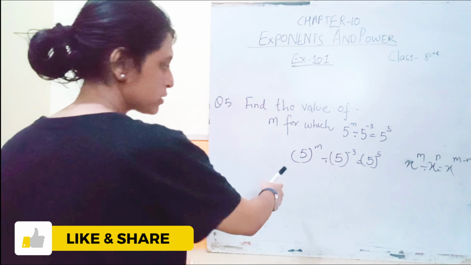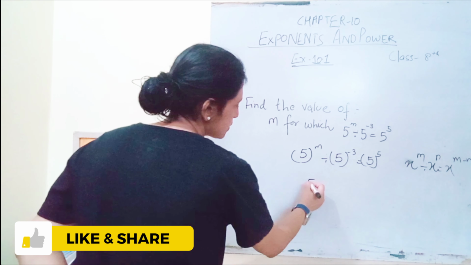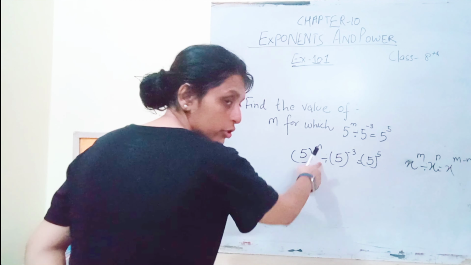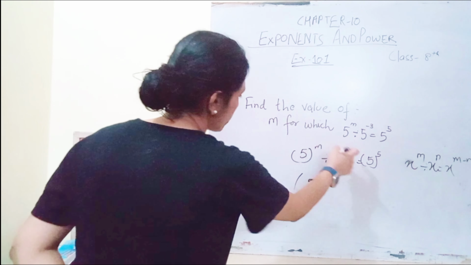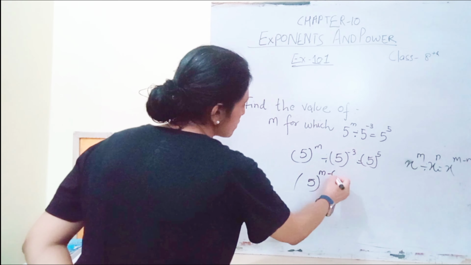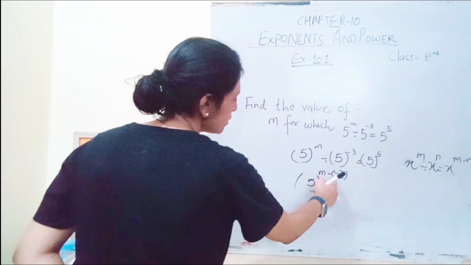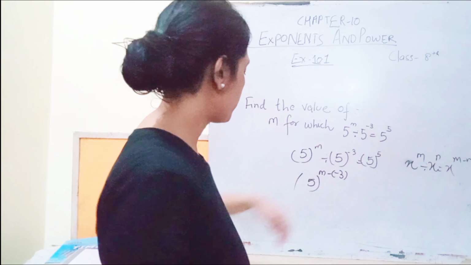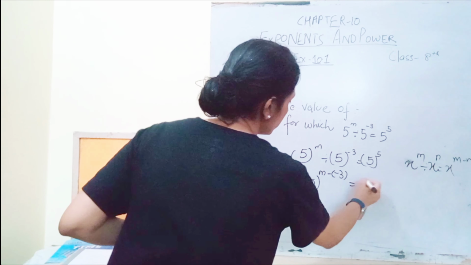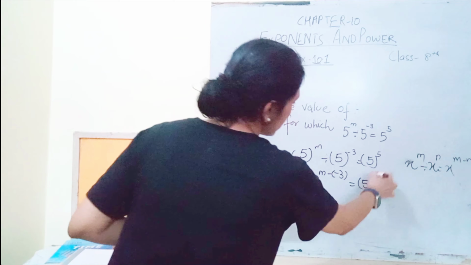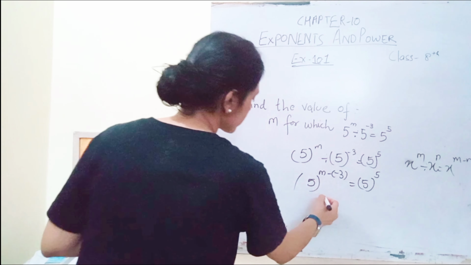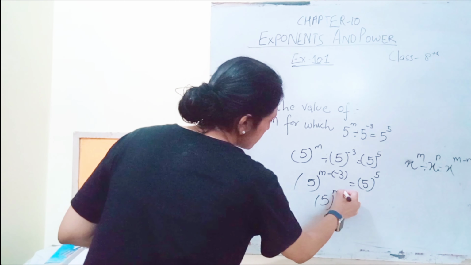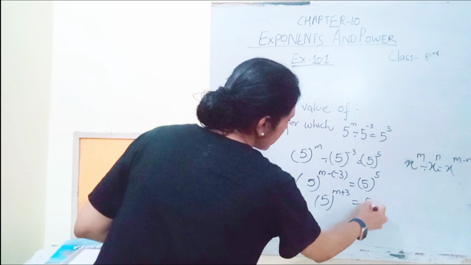Likewise we are going to apply the same law here. So 5 is the base, division operation is applied, so the powers will get subtracted, that is m minus, because the power is negative, we are going to keep it inside the bracket, minus 3, is equal to 5 raised to power 5. Now the next step will be 5 raised to m minus minus 3, that is m plus 3, is equal to 5 raised to power 5.